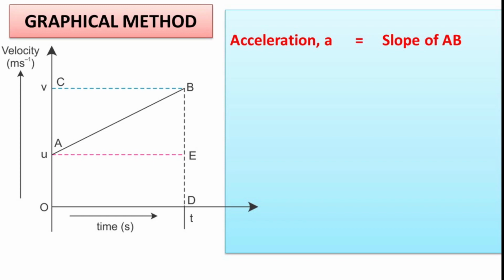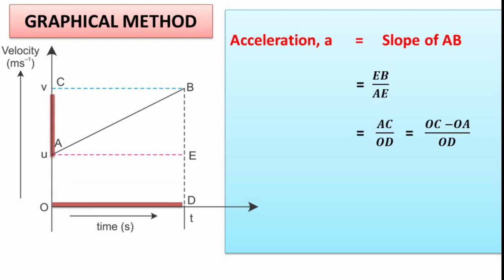Here acceleration, that is the slope, is equal to EB divided by AE. EB is the same as AC and AE is equal to OD. And AC is equal to OC minus OA divided by OD.